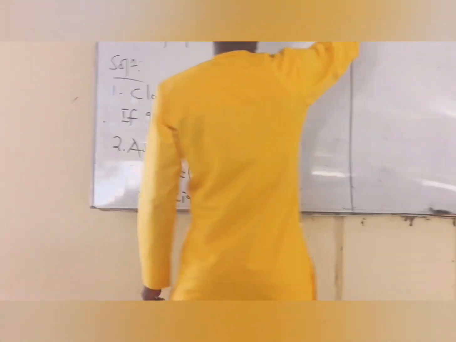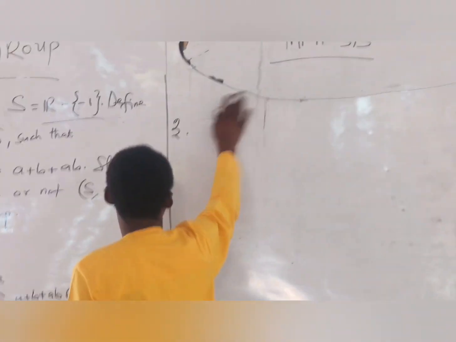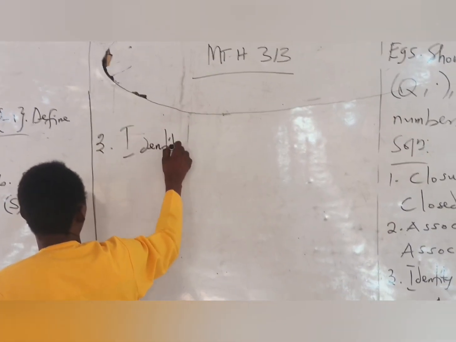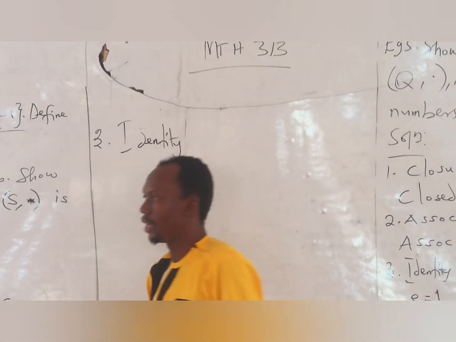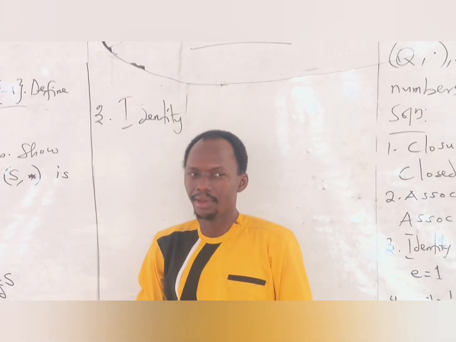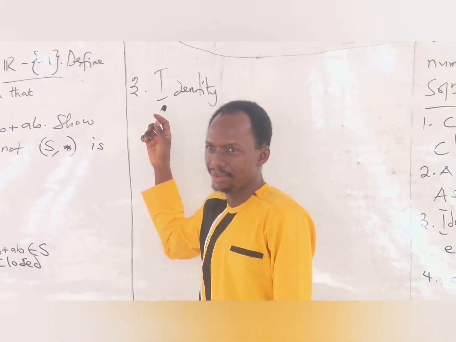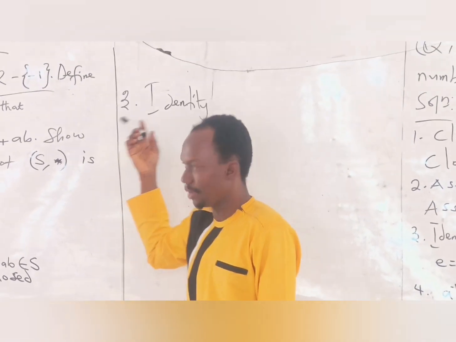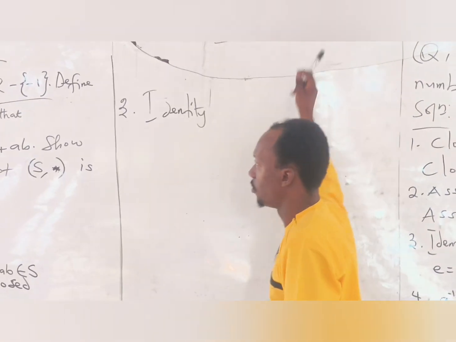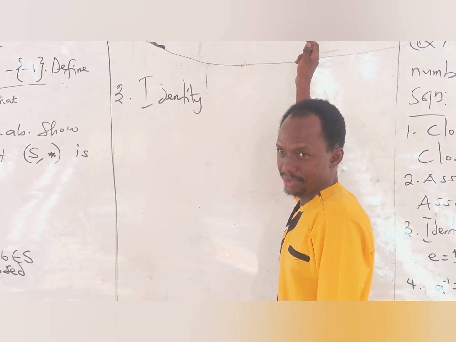So let's go to 3. Identity. And we said what? Identity talks about what? Binary operation, right? So all along we have had plus, multiply, is that not it?